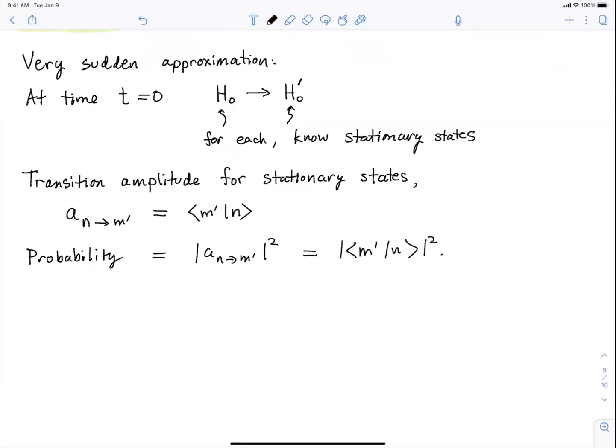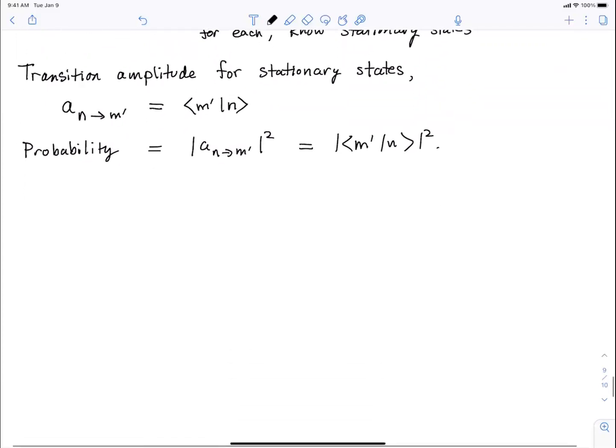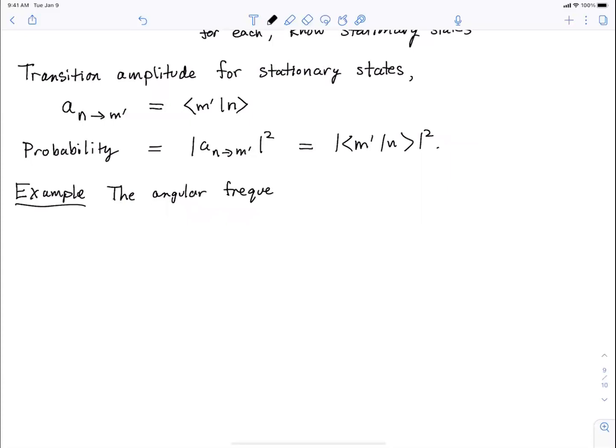Okay, so last time we had started with this example where this is really sort of a toy problem where you take the spring constant or the angular frequency of a harmonic oscillator and you double it.